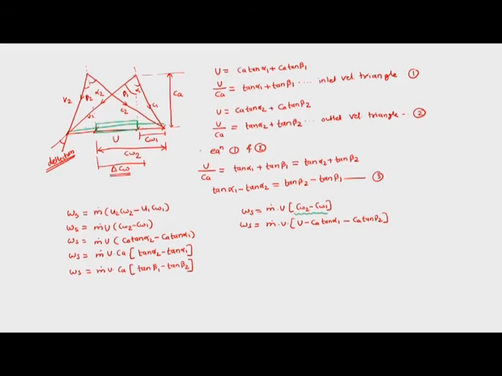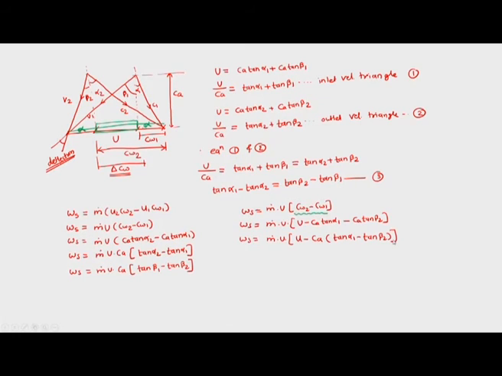So this small length is equal to this big length minus this, and this length is Ca tan alpha 1 and this length is Ca tan beta 2. So we have basically Ws is equal to m dot into U minus Ca into tan alpha 1 minus tan beta 2.